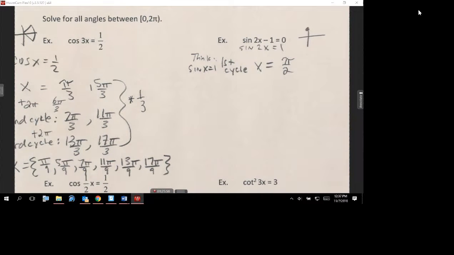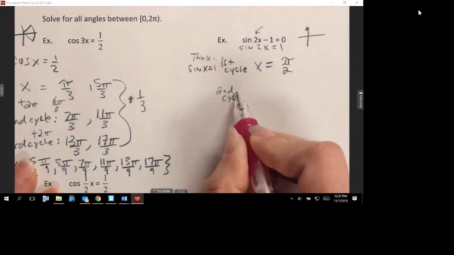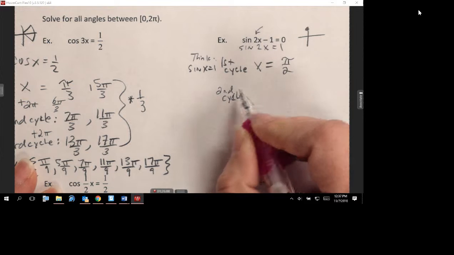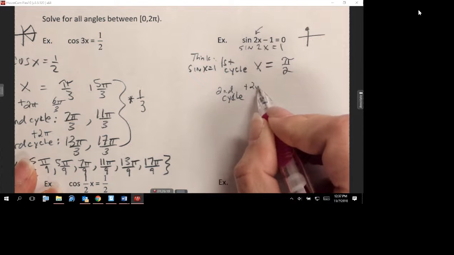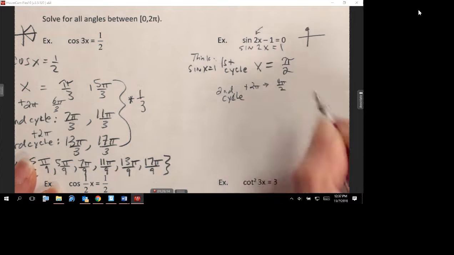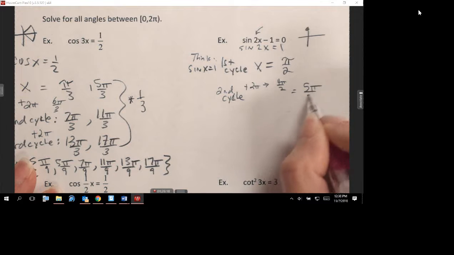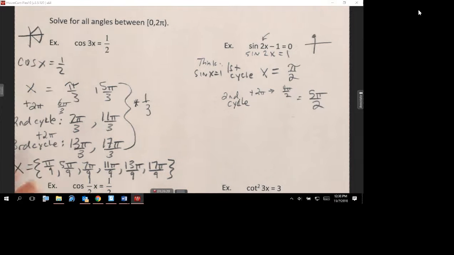So how many cycles will we have? The 2 right here tells us 2 cycles, so we'll have a second cycle. So I'm going to add 2 pi, which is the same thing as adding 4 pi over 2, and we will get 5 pi over 2. So that's 2 full cycles.